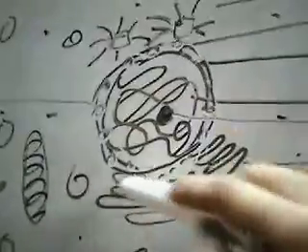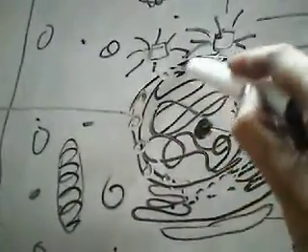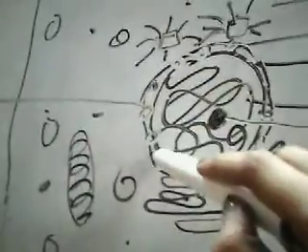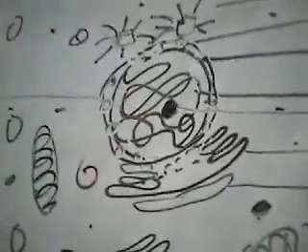This layer is called the nuclear membrane. The nuclear membrane has these small circles that I have shown. These are not just circles, these are pores. So there are pores in the nuclear membrane, and these pores are called nucleopores. So why do we need nucleopores? Because sometimes we need to transfer different components or molecules out of the nucleus or into the nucleus. This can happen through pores. So the nucleus is porous because it has nucleopores.